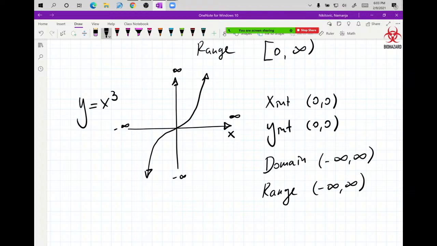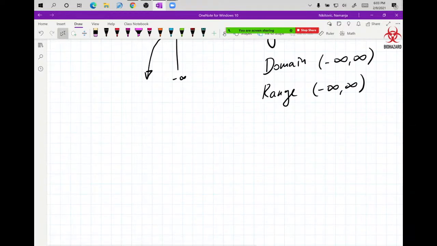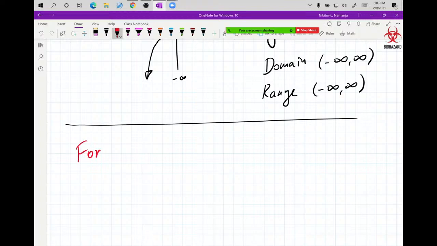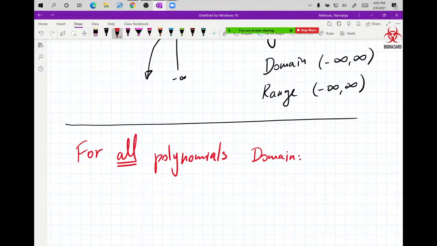I can plug in any number and either square it or put the 7th power or 1000 power on it. It doesn't matter. So this kind of helps us realize that for all polynomials, the domain is given by negative infinity to positive infinity.